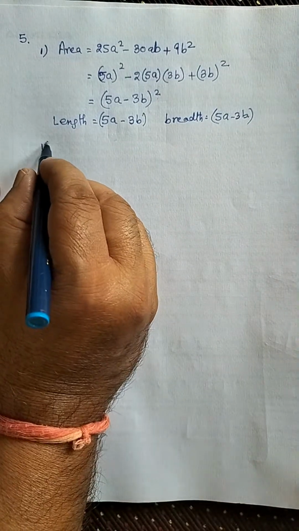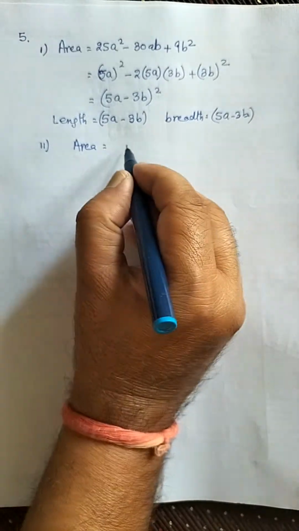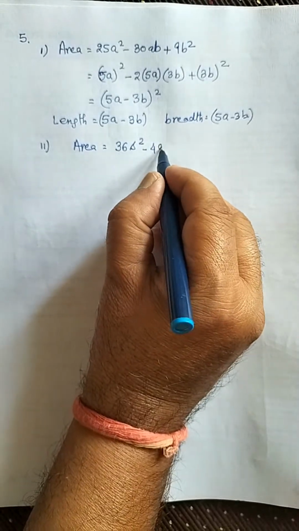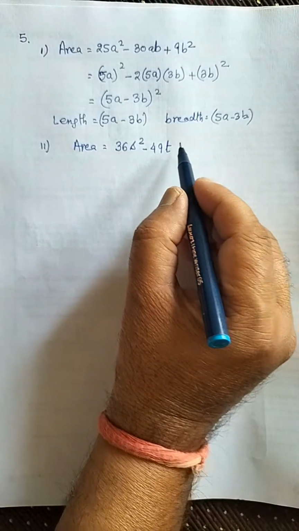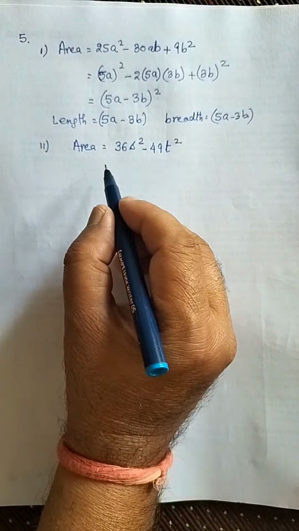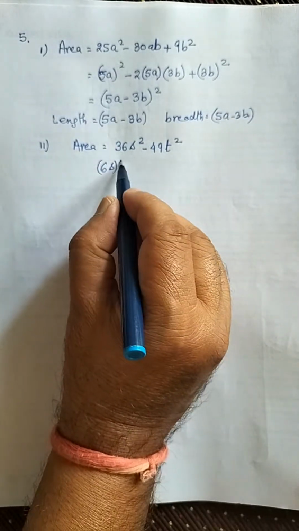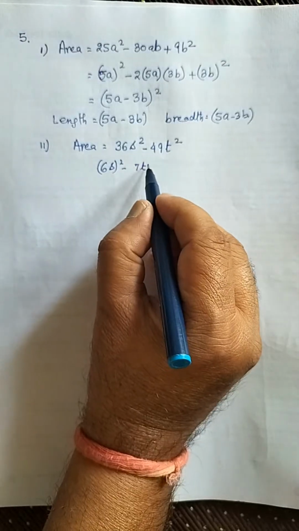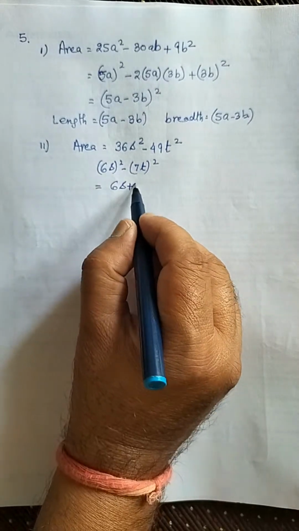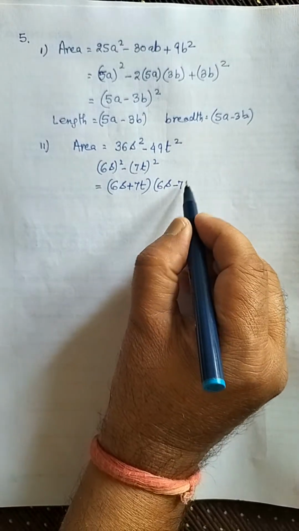Second part, again, the area is given as 36 s square minus 49 t square. Very clearly you can see this is nothing but a square minus b square, right? So here I'll express it as 6s the whole square minus 7t the whole square, which is nothing but 6s plus 7t and 6s minus 7t.